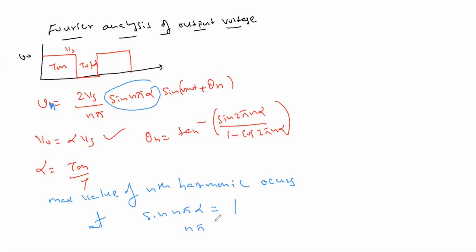So n pi alpha should be how much? It has to be pi by 2, 90 degrees. So n pi alpha equals pi by 2, pi cancels out, and alpha equals 1 by 2n.